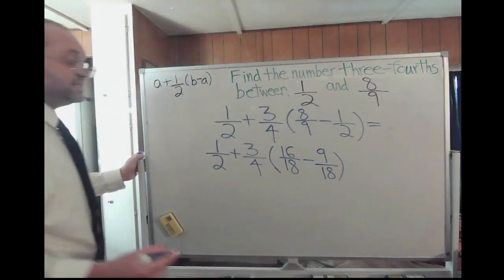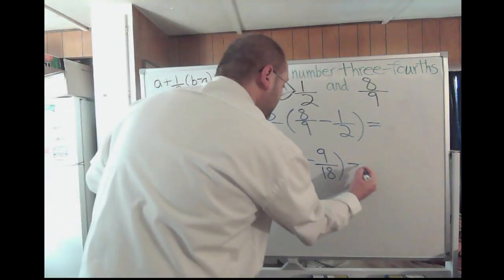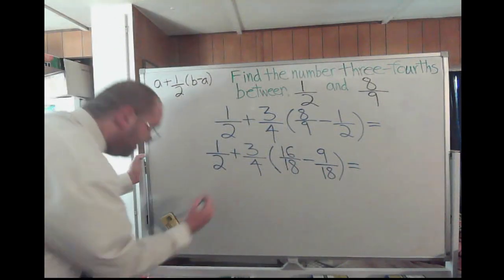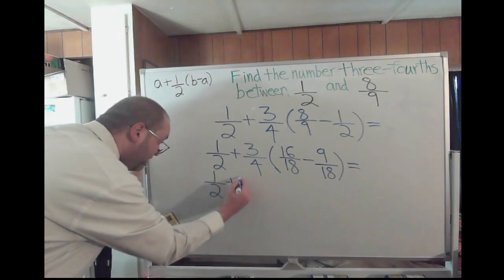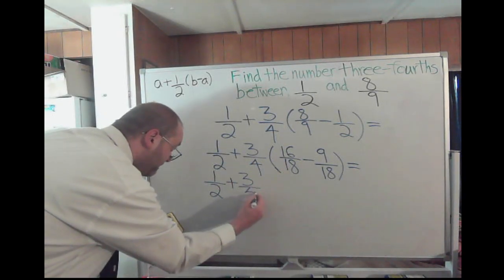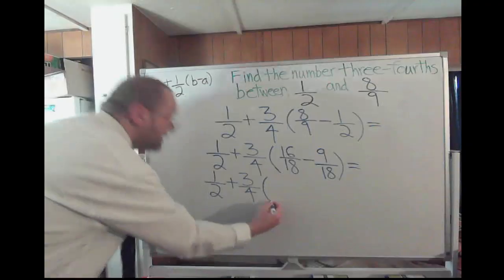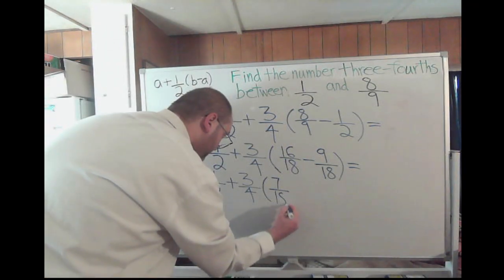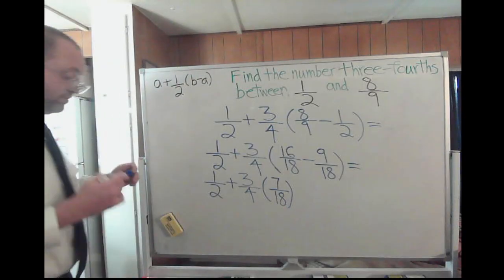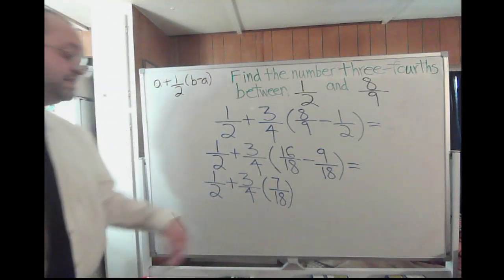So now we at least have a fraction with the same denominator. Both fractions have the same denominator. So let's work inside the parentheses some more. You'll have 1/2 plus 3/4 times, all right, 16 minus 9, that's 7. So we have 3/4 times 7/18.